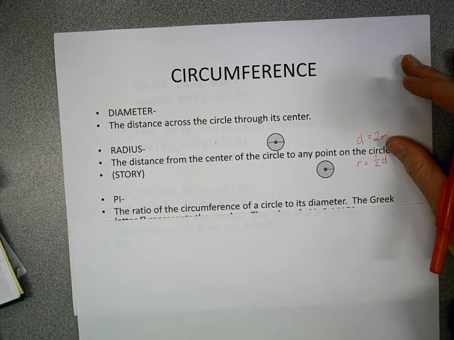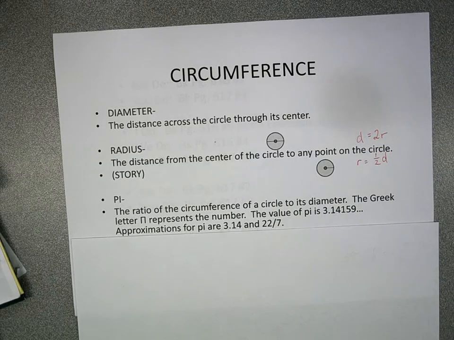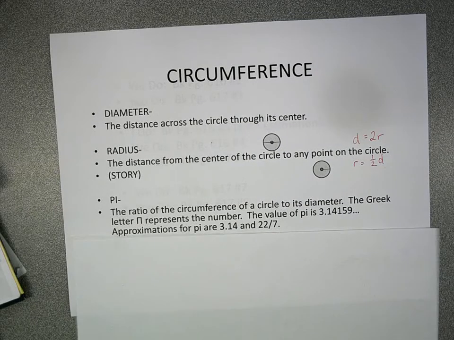So, here's what they say pi is. The book says it's the ratio of the circumference of a circle to its diameter. The book goes on to say the Greek letter pi, and that's just kind of the font that it shows as pi, represents the number.